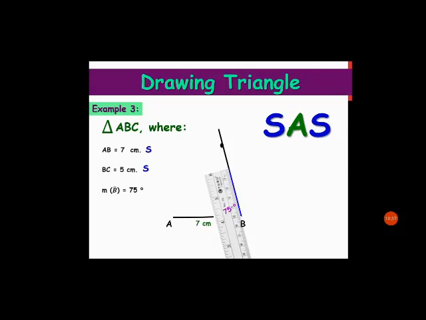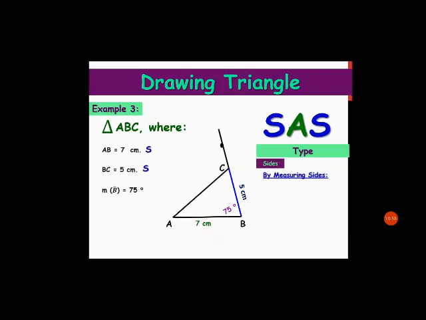Now let's draw the other side. So I will put it here. It's BC, 5 centimeters, and then connect the line. Don't forget to write all the letters A, B, C. So now find the type of the triangle according to the sides and according to the angles. According to the sides, we will measure the remaining side, which I don't have.